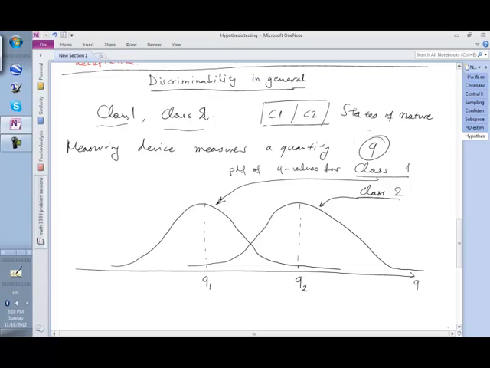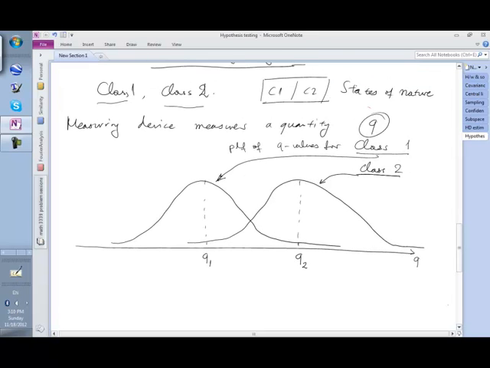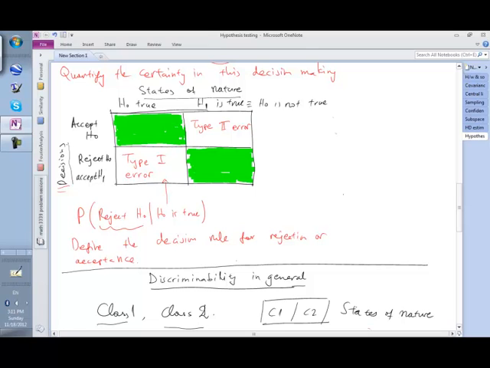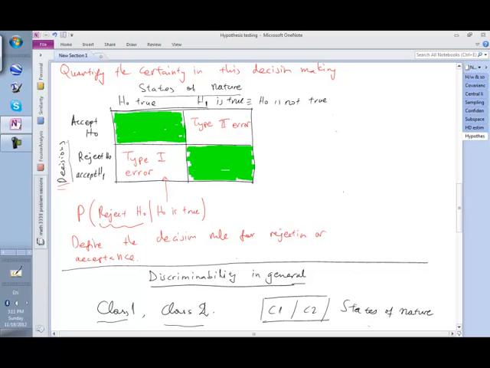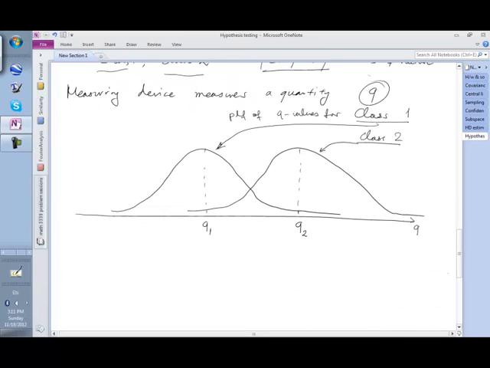Now, the problem is to find a decision rule. The decision rule also comes up in hypothesis testing, where it is a way to say I accept the null hypothesis or I reject the null hypothesis. The same here, you want to make a decision.